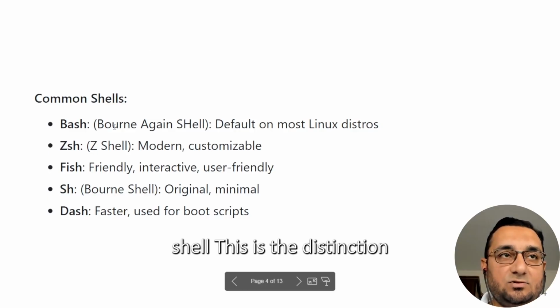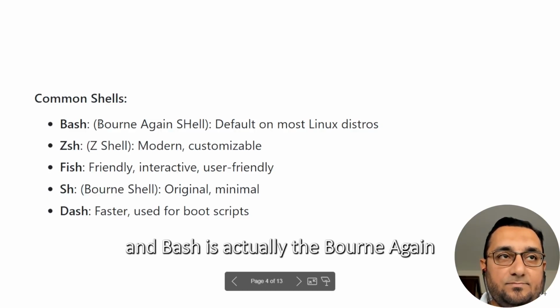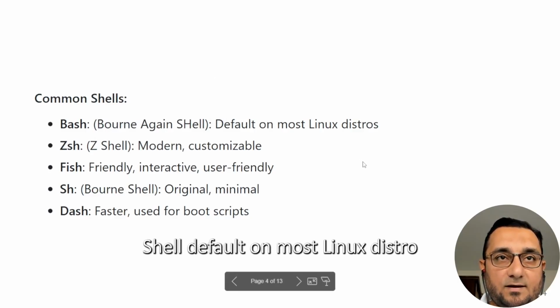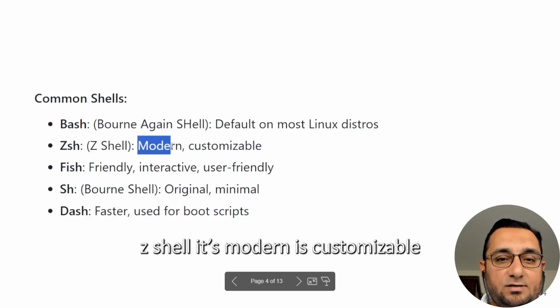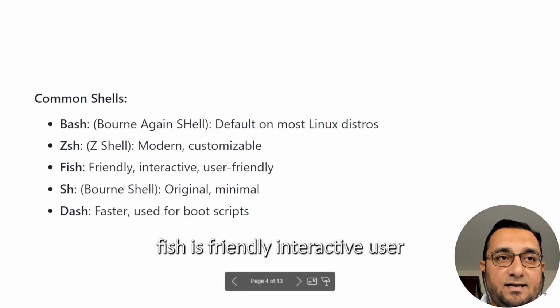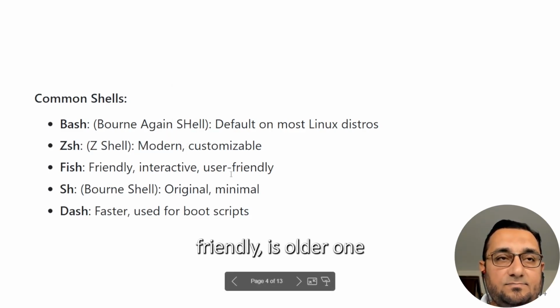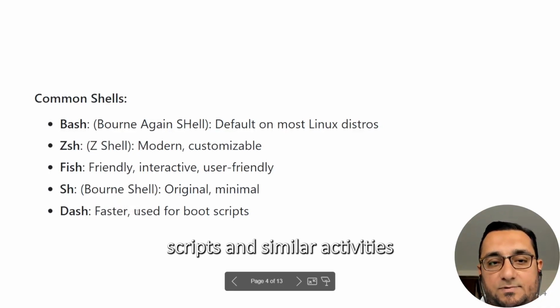This is the distinction you need to remember: sh is the Bourne shell, and bash is the Bourne Again shell, the default on most Linux distros. The Z shell is modern and customizable. Fish is friendly, interactive and user friendly. sh is the older one, and dash is faster, used for boot scripts and similar activities.